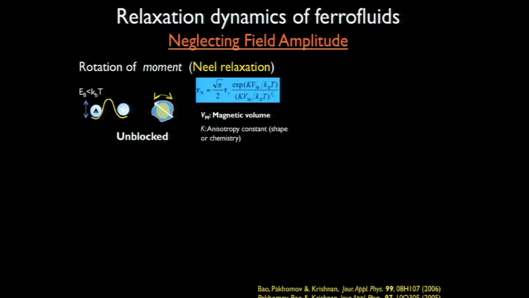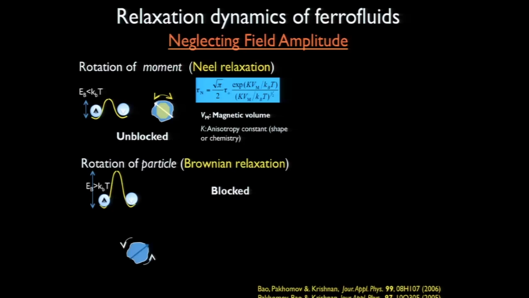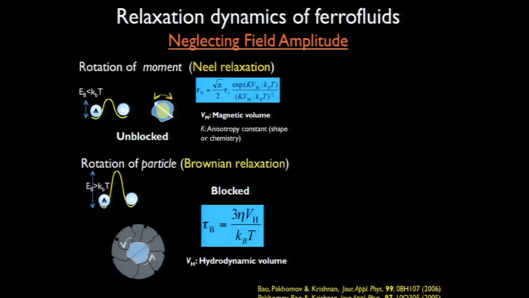There's a Néel relaxation time, where you have basically an unblocked particle where the magnetization rotates, and it goes exponentially with the volume of the particle. And then you have the Brownian relaxation time. Now remember, all this neglects the field amplitude. When you do that, the Brownian relaxation time depends on the hydrodynamic volume and the viscosity.